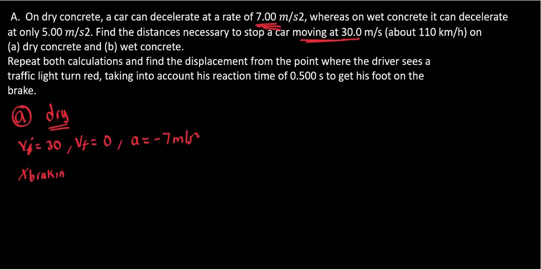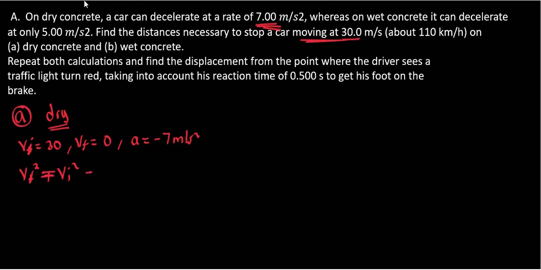So how do we calculate the distance of the braking? By using our simple formula, the one that has initial velocity, the final velocity, the acceleration, and also the displacement.